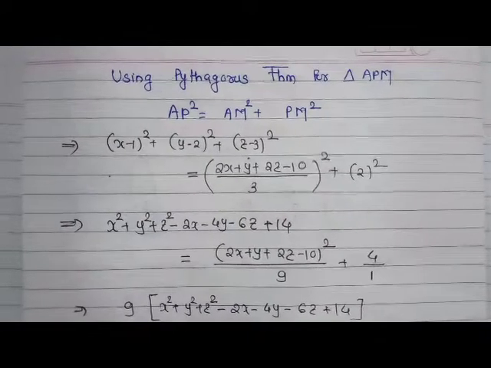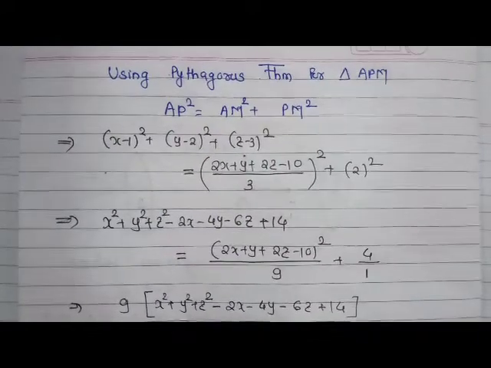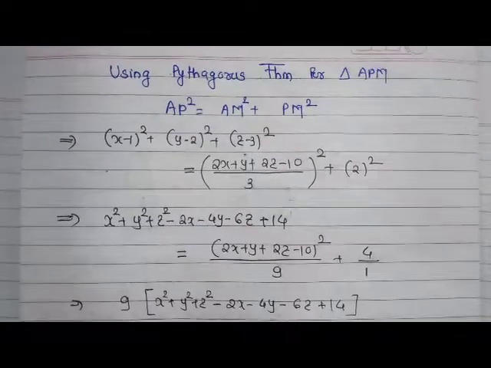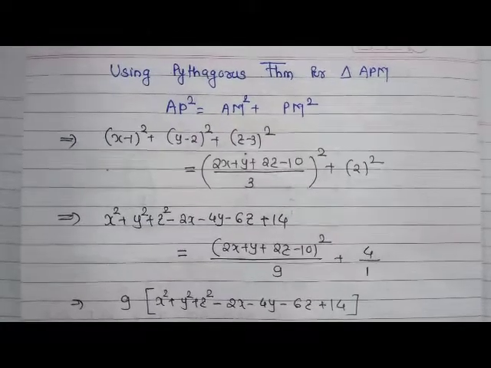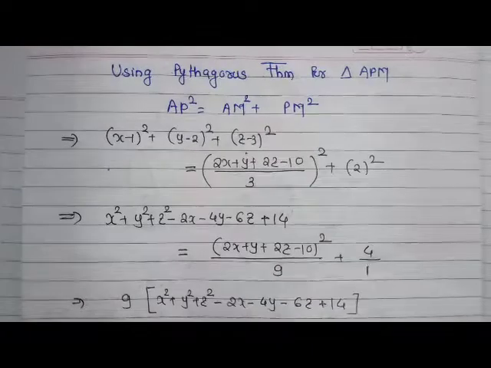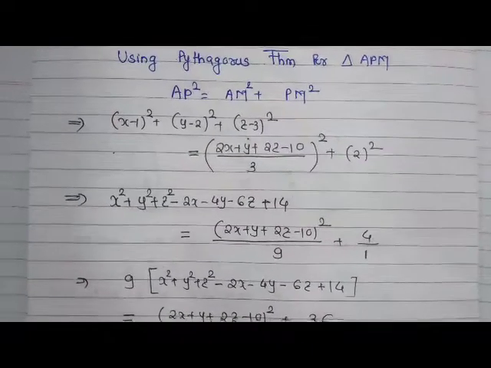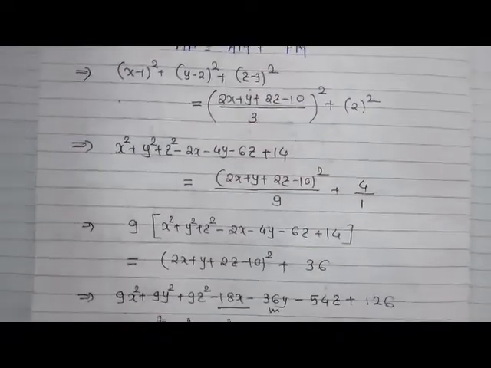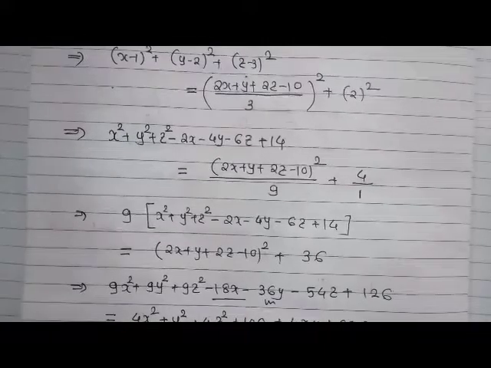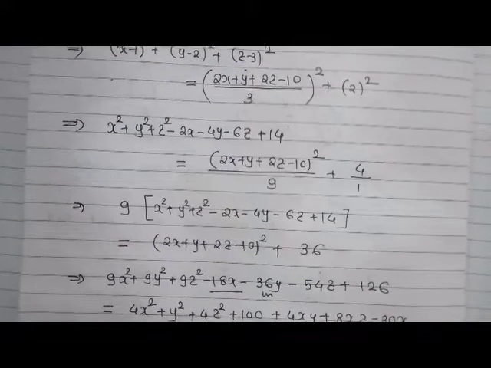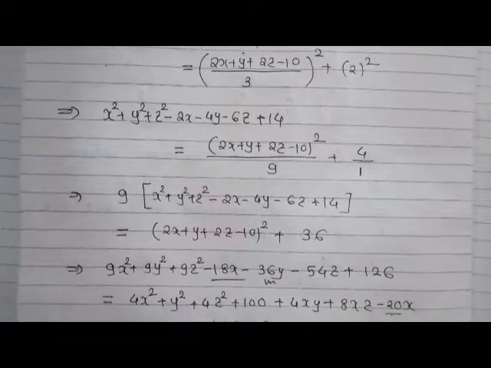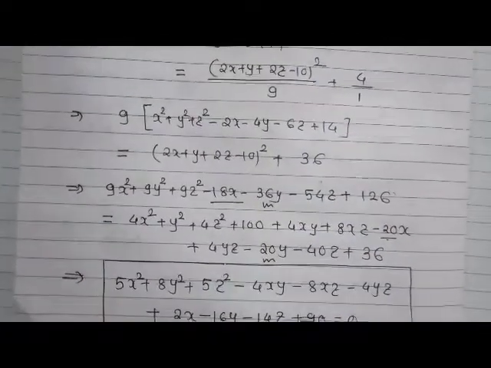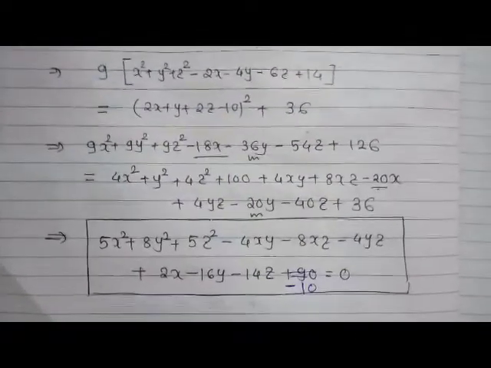The left hand side is simplified: x square plus y square plus z square minus 2x minus 4y minus 6z plus 14 equals the square of the numerator over the square of the denominator. So we have 9 in the denominator. In the next step both sides are multiplied by 9, and then it is simplified by the usual method to get the final answer.